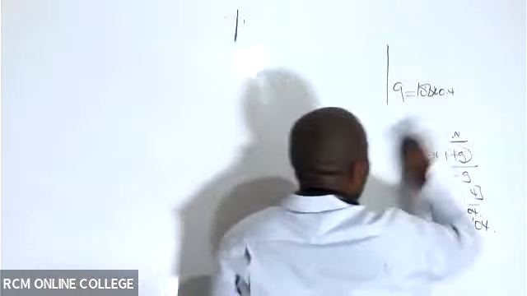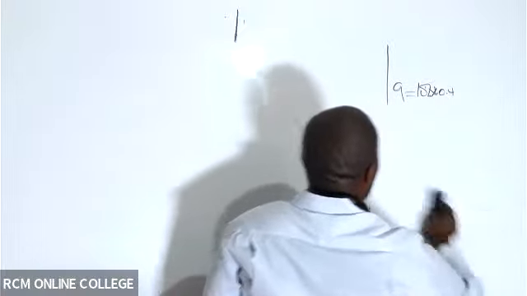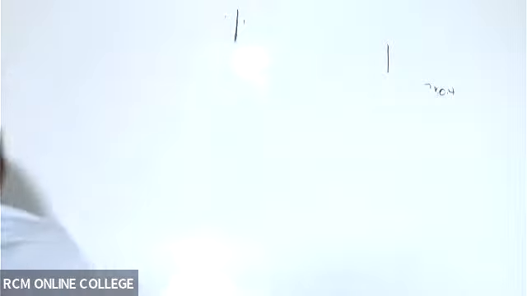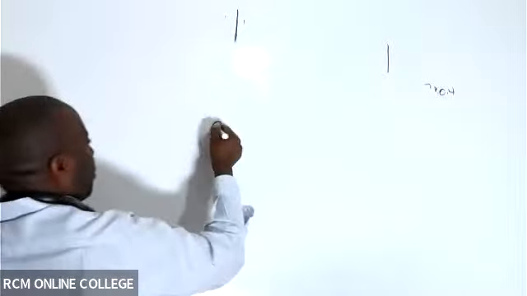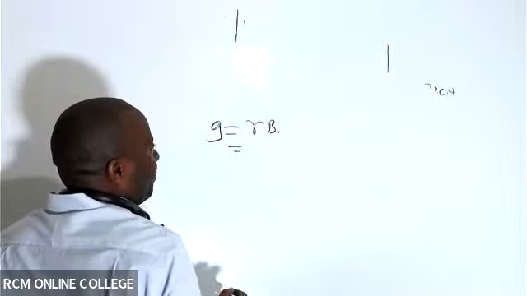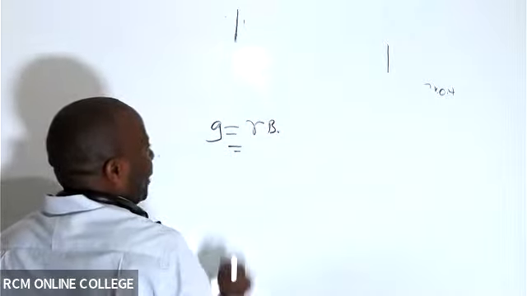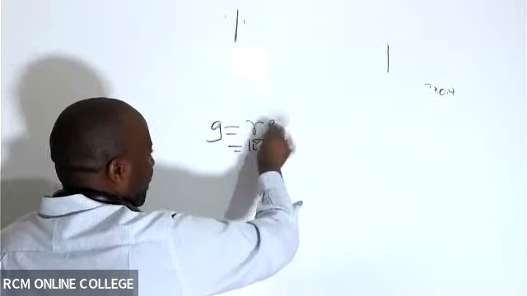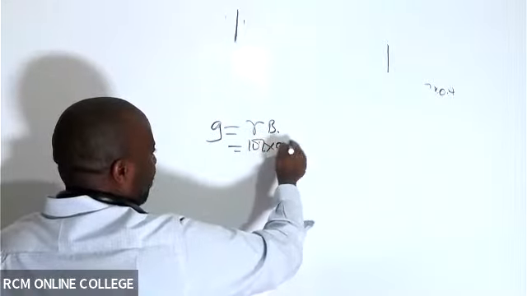Now I hope everything is clear up to there. After you've gotten the retention ratio, you can now get the growth rate. So growth rate is R times B. The return on equity has been given as 10%. The retention ratio you have gotten there is 0.4.